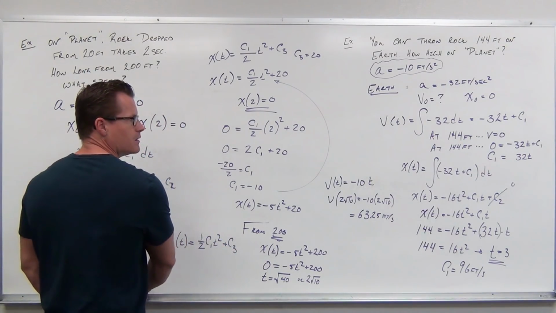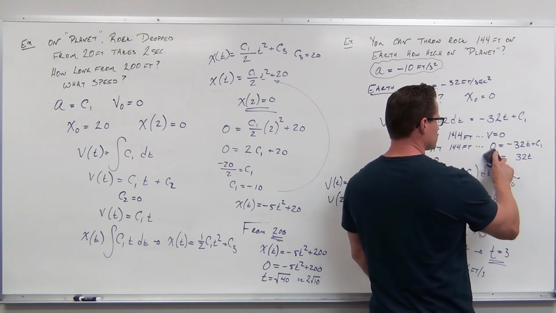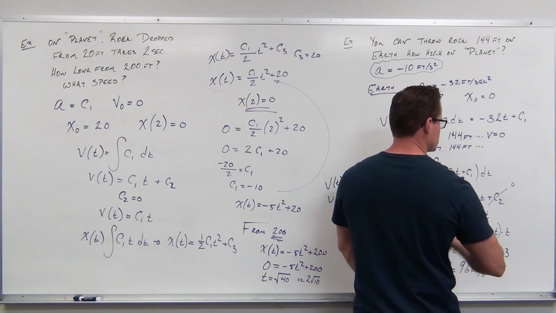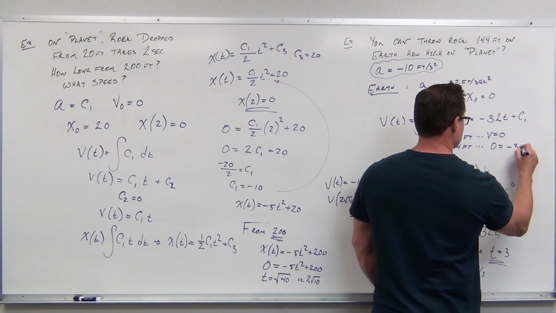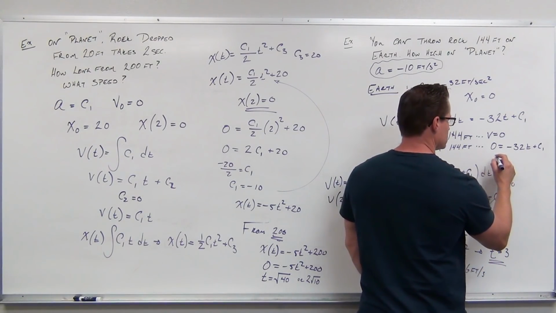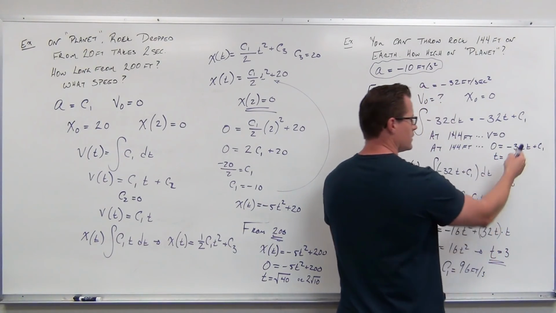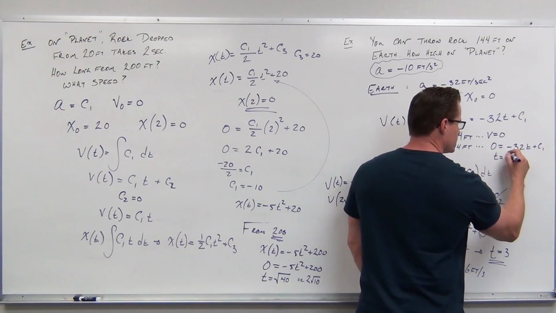I think you can. So if we solve for t, so add 32t on one side and then divide by 32.